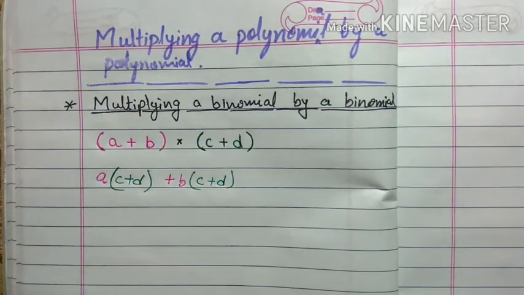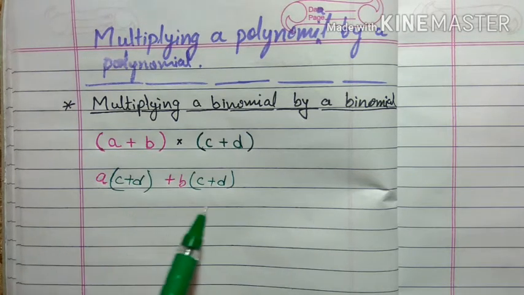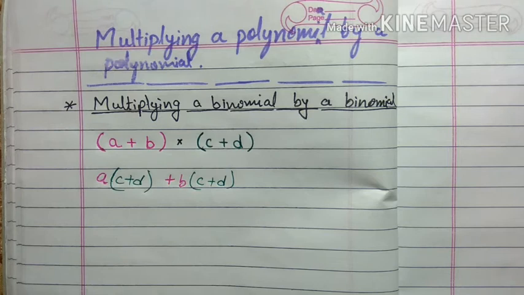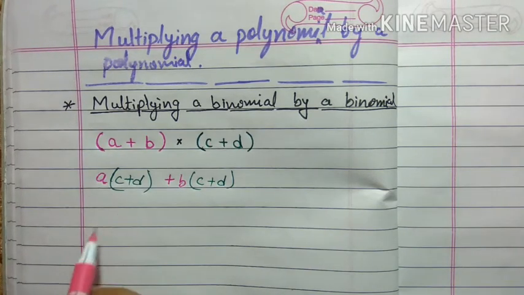Okay, so actually we are doing the distributive property two times in this case. So first of all, this a is multiplied by c and a is multiplied by d.